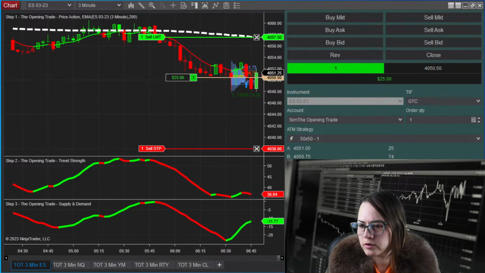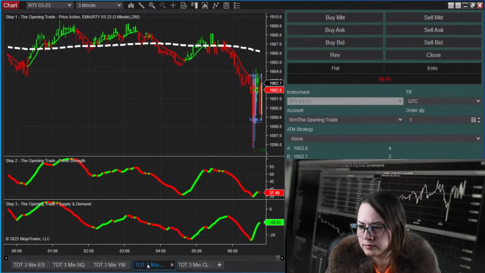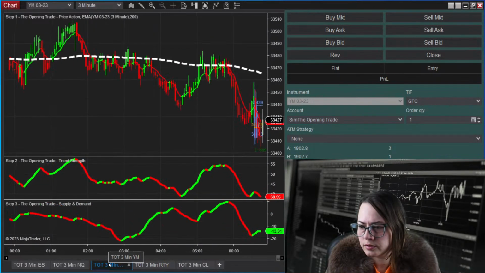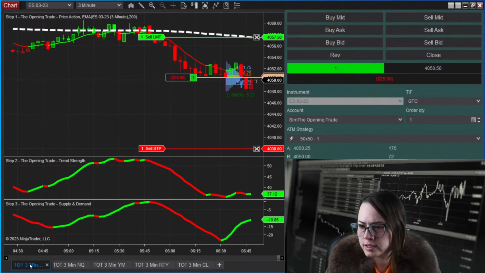All right, so we're seeing it come up. We need it to keep on going up. So let's take a look what's happening elsewhere. And we're seeing all of the charts here.